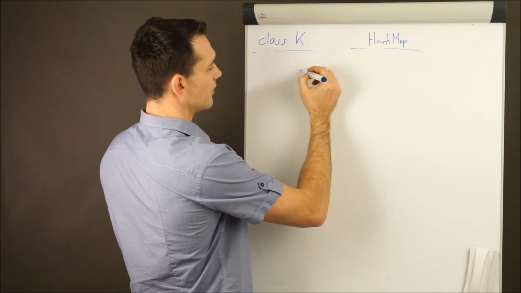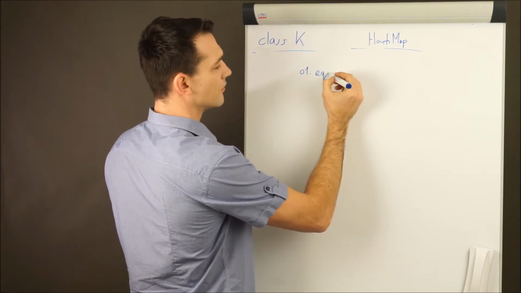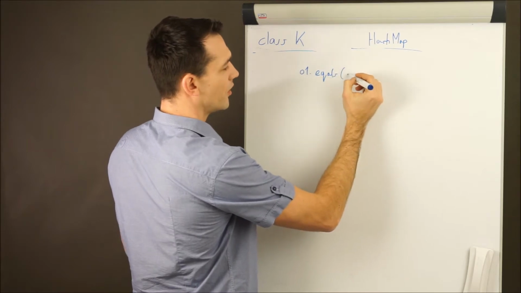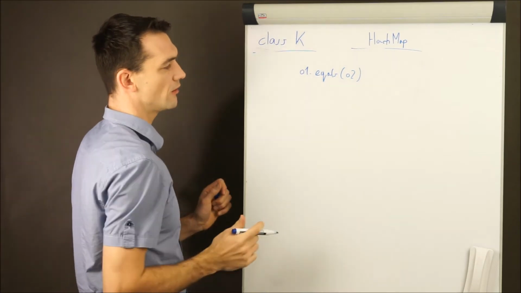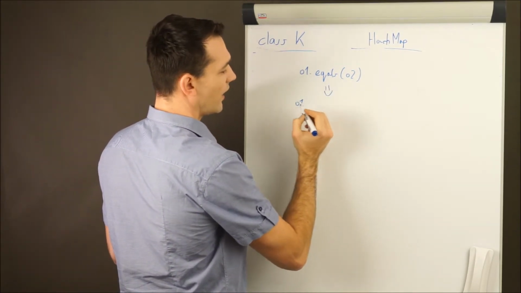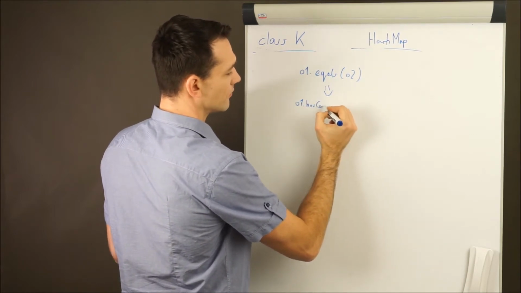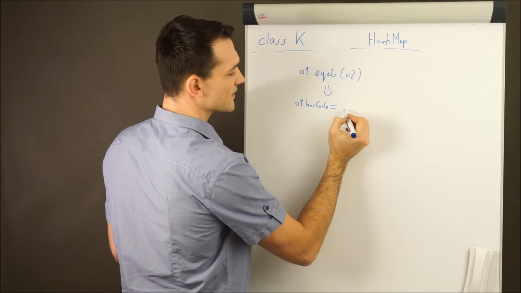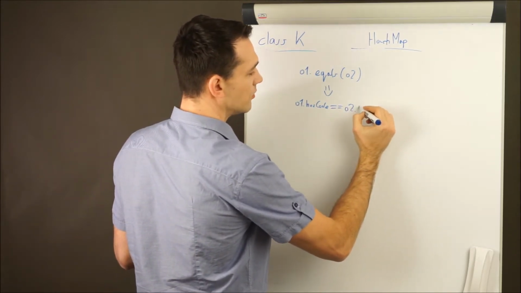If object 1 equals object 2, they being instances of some class, then O1 hashCode must be exactly the same as O2 hashCode.